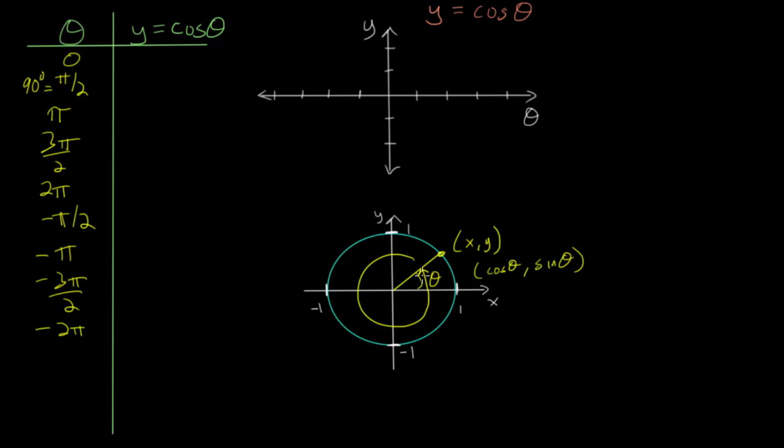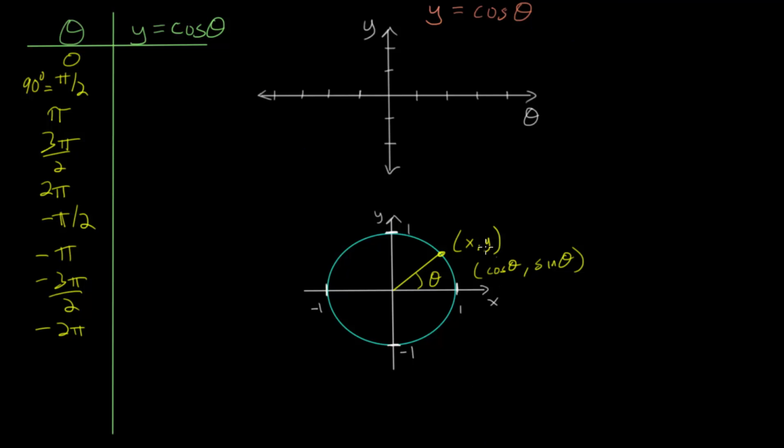And we can do that infinitely many times. That's why this function will essentially look like a wave. It will repeat forever if we let it. And we can also subtract 2 pi radians or subtract 360 degrees as many times as we want. So we'll just look at these key values between negative 2 pi and 2 pi, but if we want, we can extend this as far as we need to.